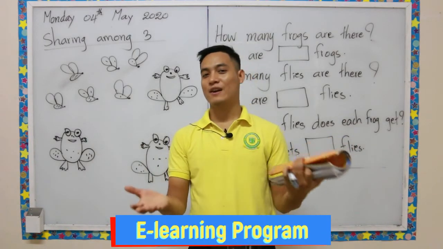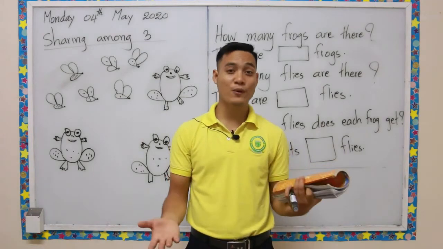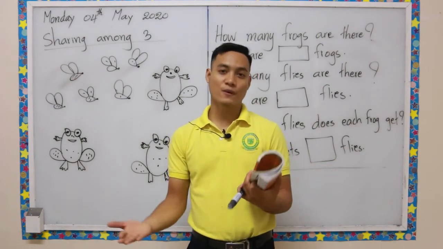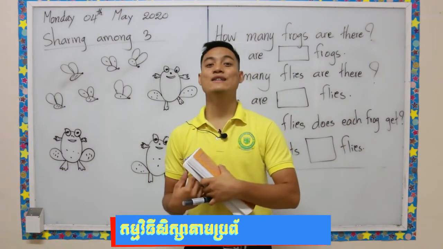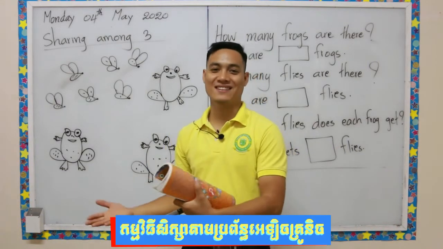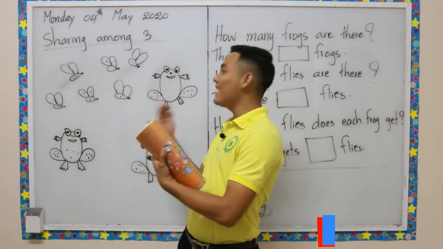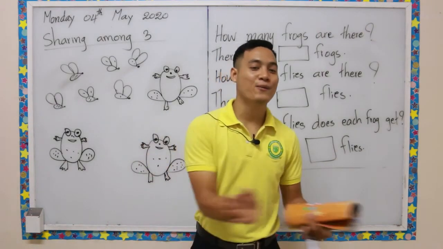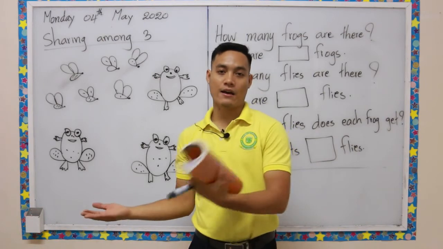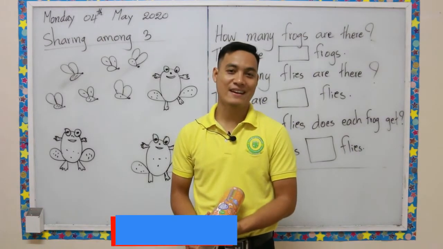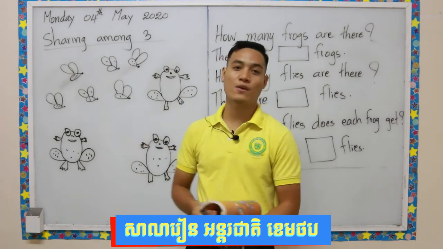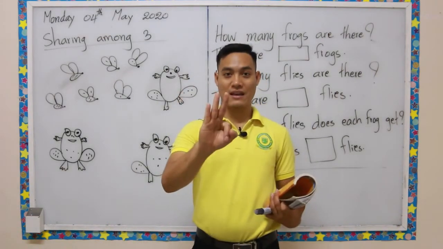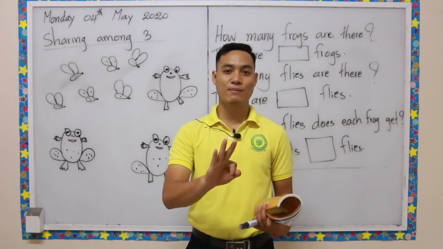If you have a mango, or food, or any fruits that your mom wants you to share equally with your brother and your sister, you can learn from this lesson how to share equally with other people. Especially here we focus on sharing among three, referring to three groups or three people.